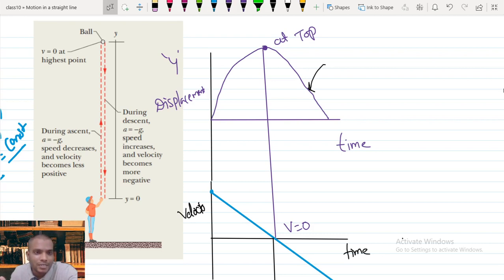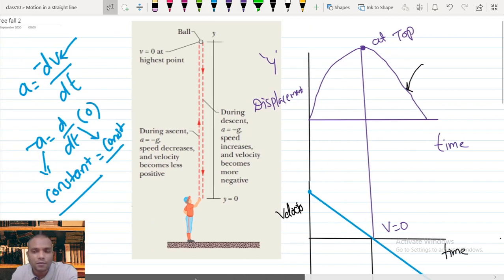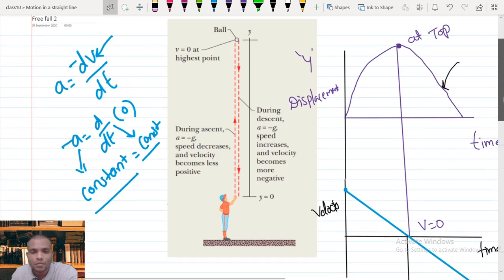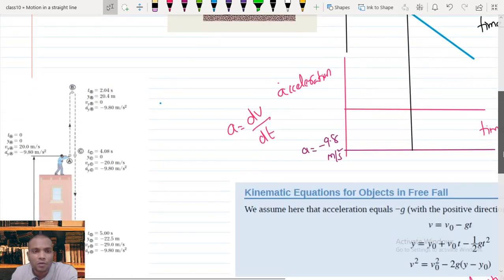When it acts while the object is moving upward, the object's speed decreases. When the object is falling, the acceleration of gravity also acts constantly, so its velocity increases. That's all about free fall.